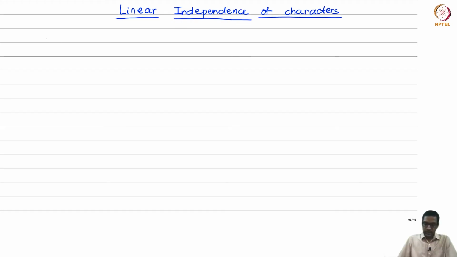Okay, so here are the definitions. Let G be a group, not necessarily finite, and F a field.